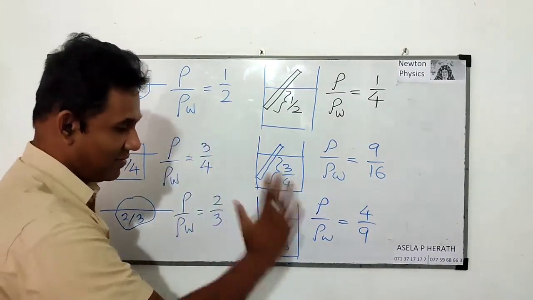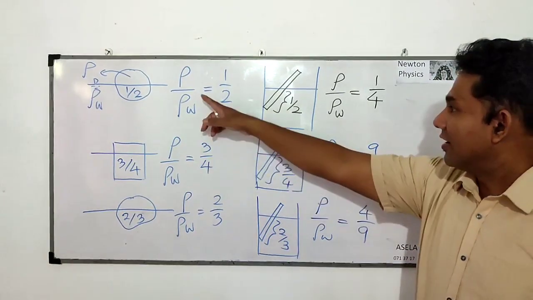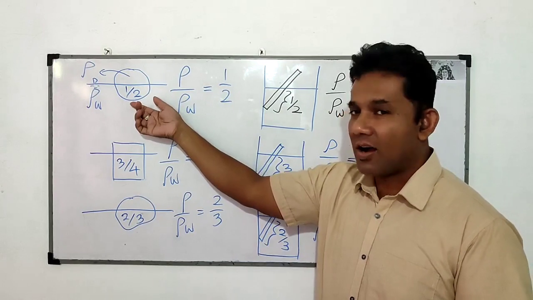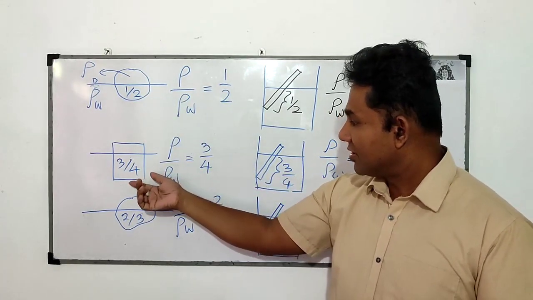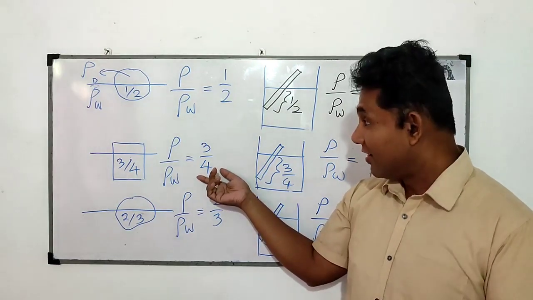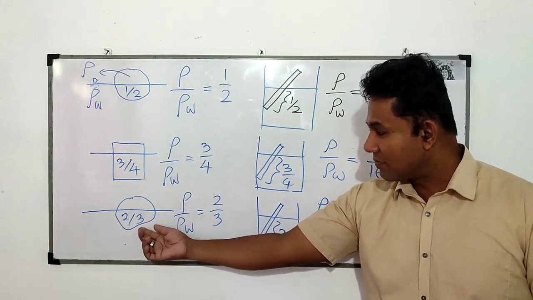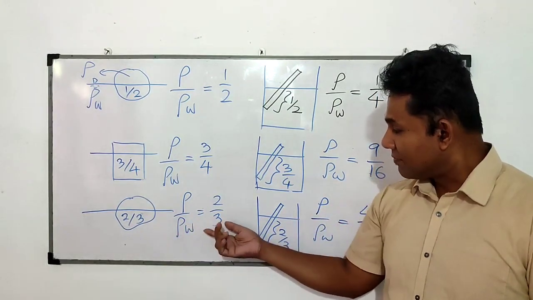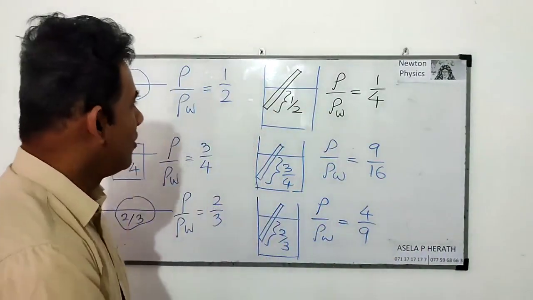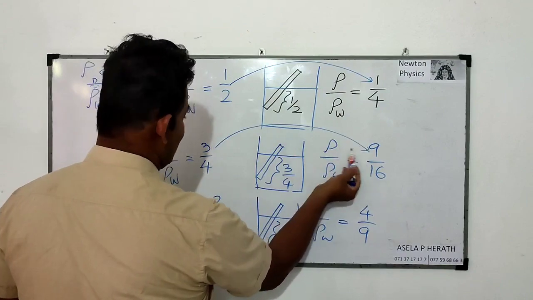Now look at these fractions. Here the relative density becomes half. The fraction in water becomes half. The fraction here in water becomes 3 divided by 4, and we have relative density as 3 divided by 4. And here the fraction becomes 2 divided by 3, relative density becomes 2 divided by 3. But here you can see that you have to take the square of the terms.